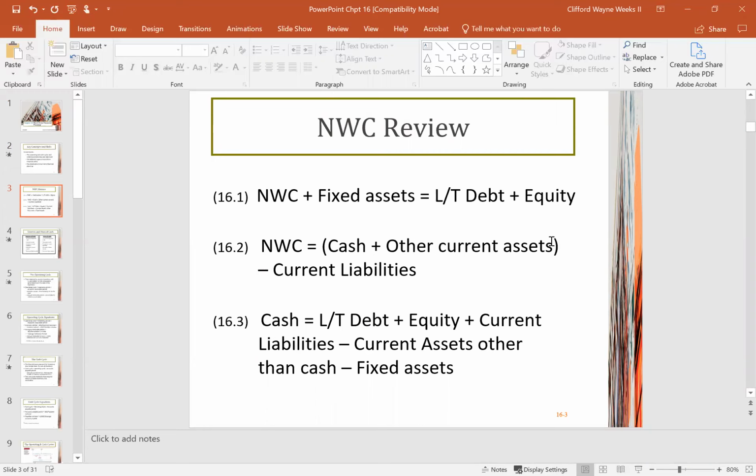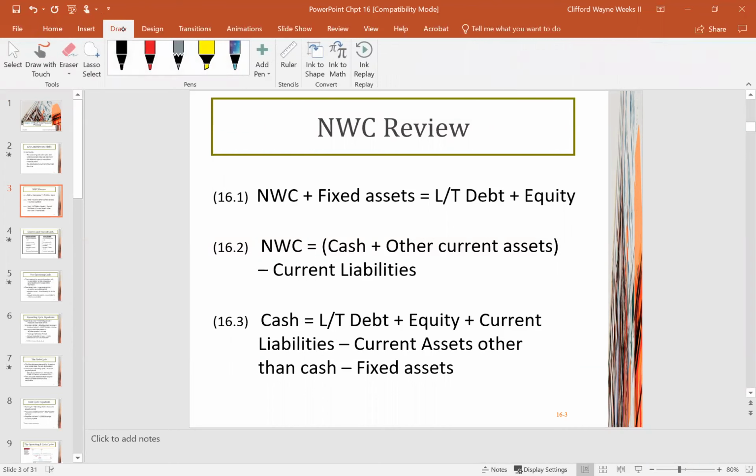talking about the accounting equation and components thereof. All right, and so when we look at the accounting equation, we have our assets equal liabilities plus owner's equity.